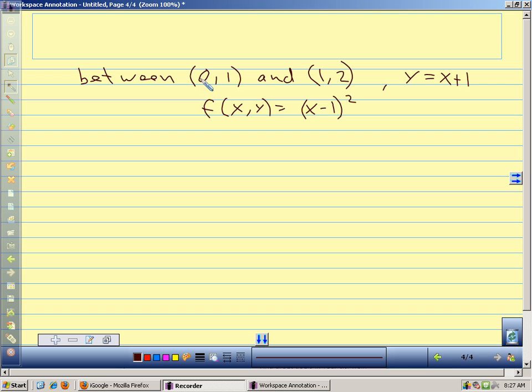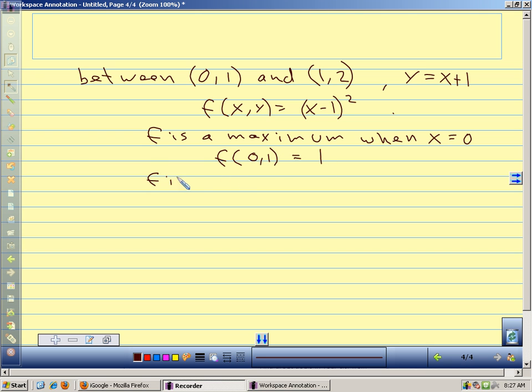And we're looking between x equals 0 and x equals 1. f is a maximum on this line when x equals 0. That gives us our biggest value here. So f of (0, 1) is 1. We looked at that one before.